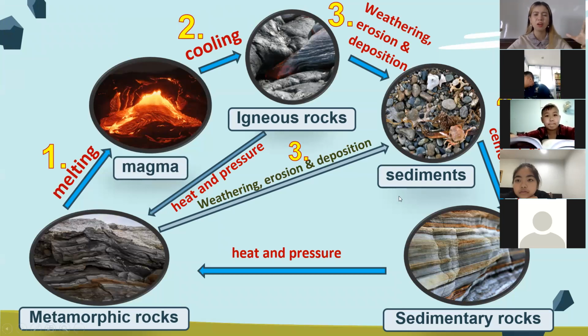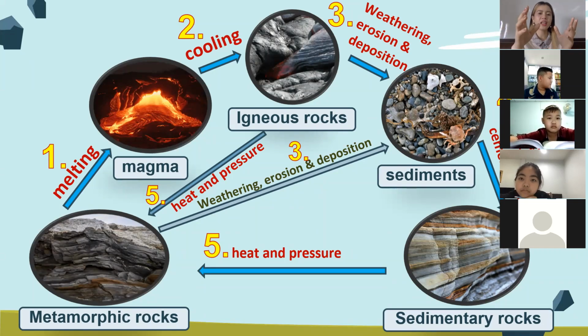When sediments are compacted and cemented, they will form sedimentary rocks. And for the last one, number 5, heat and pressure. When sedimentary rocks and igneous rocks are heated and squeezed and compacted, they will form again metamorphic rocks.